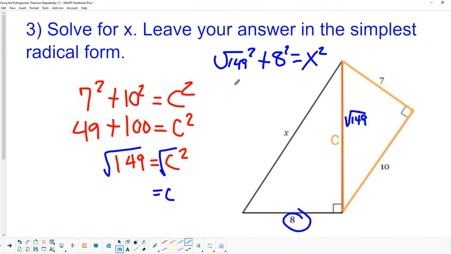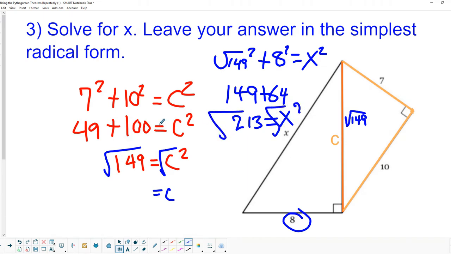So the square root of 149 squared is 149, and 8 squared is 64. So if I do 149 plus 64, I get 213 equals x squared. Then I just do the square root of both sides.